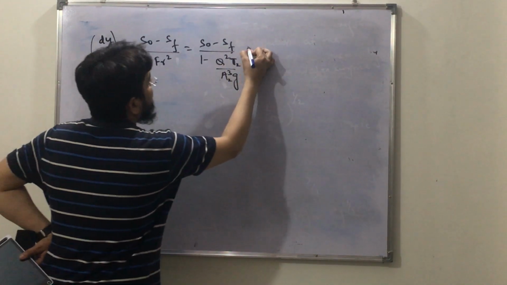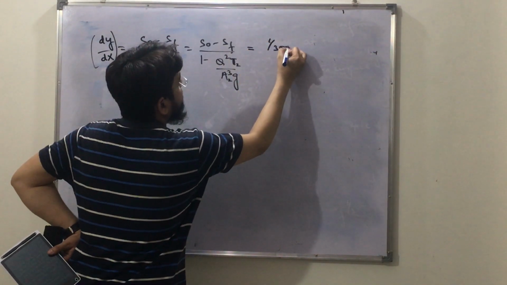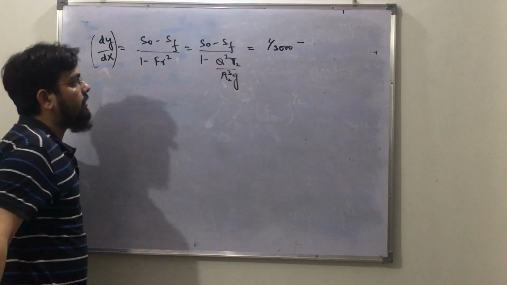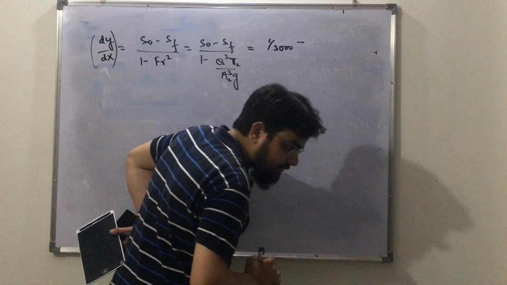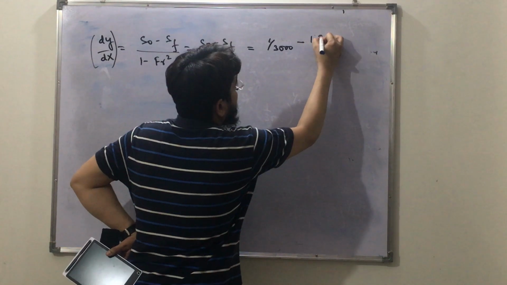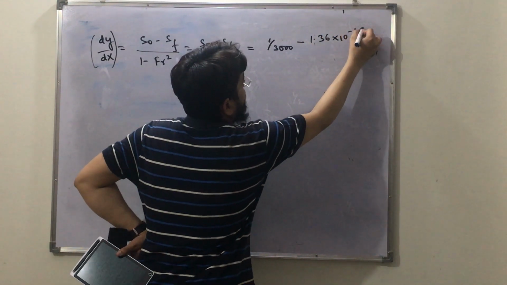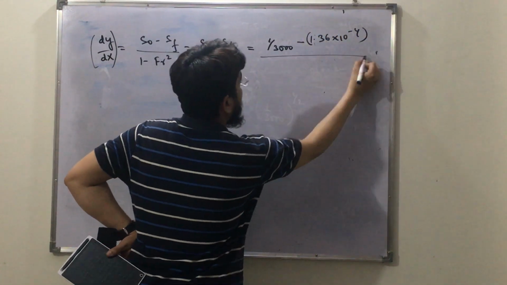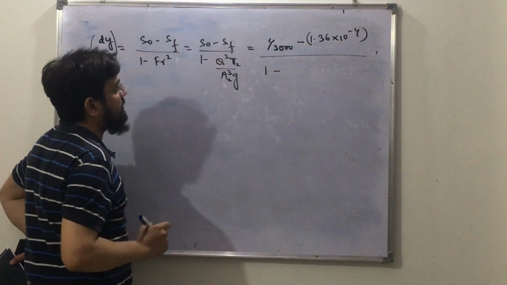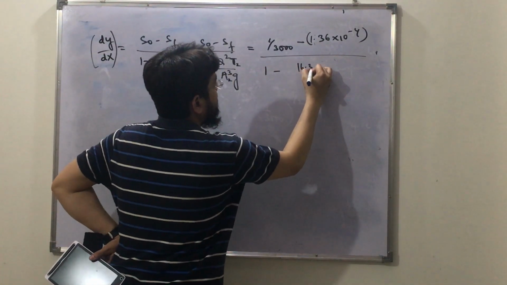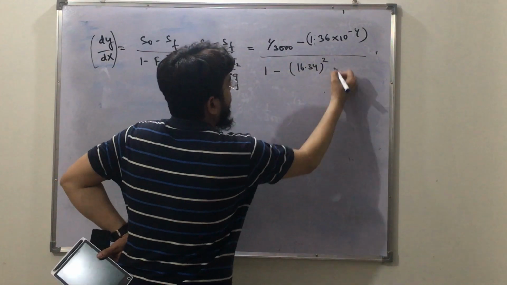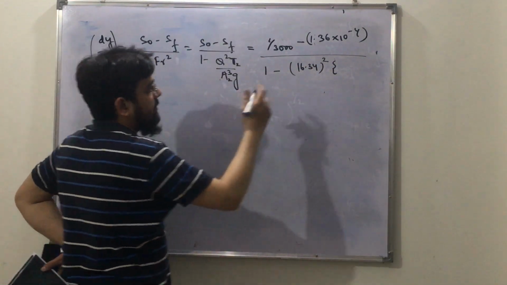So this is equal to S naught, which is 1 upon 3000, minus SF. What is SF? We got 1.36 into 10 to the power minus 4. SF divided by 1 minus Q square. What is Q? 16 point something. What is top width? Same as the channel width.